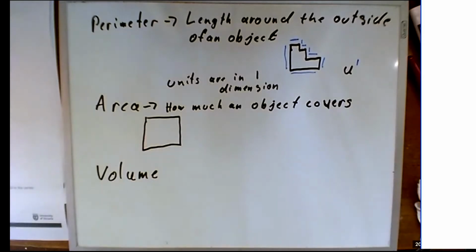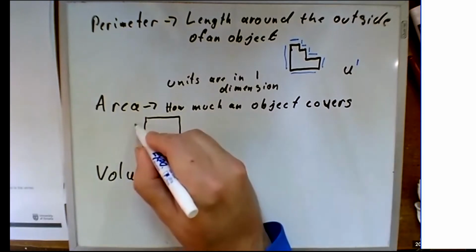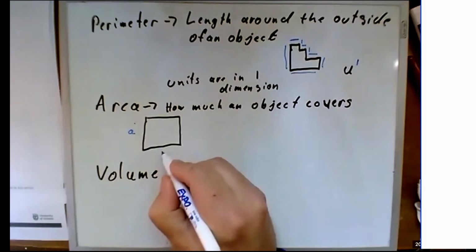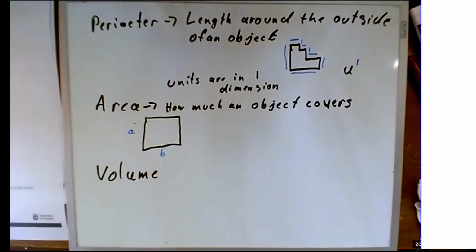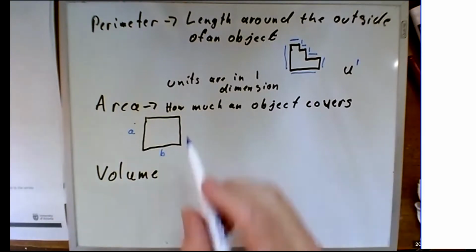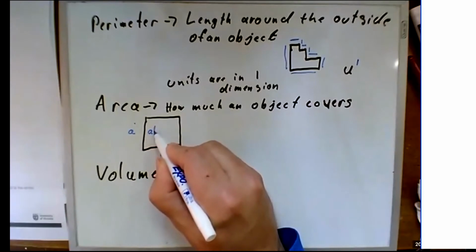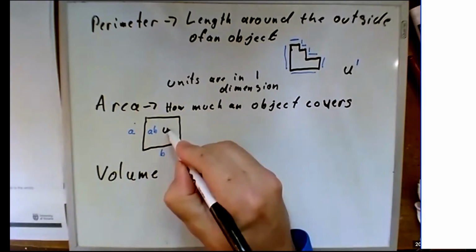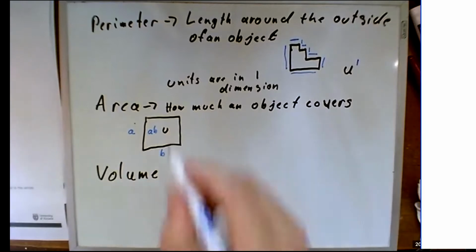So if I had a length on this side, and I'll call this length A, and a length on this side, and I'll call this length B, the area of this square would be A times B, or simply AB, and the units in this case are going to be squared.